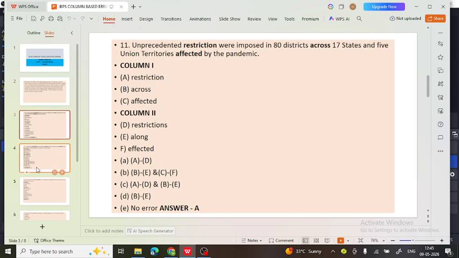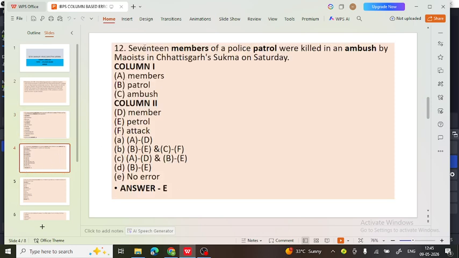A. Let's see another example here on the screen. 17 members of a police patrol were killed in an ambush by Maoists in Chhattisgarh's Sukma on Saturday.